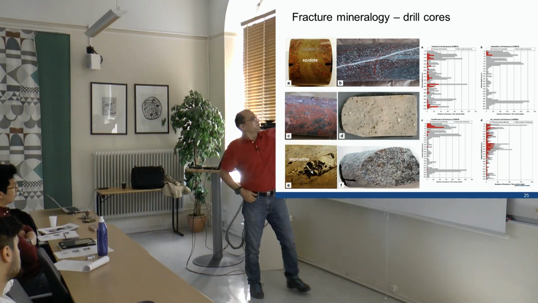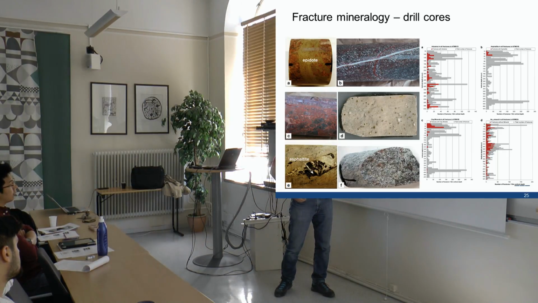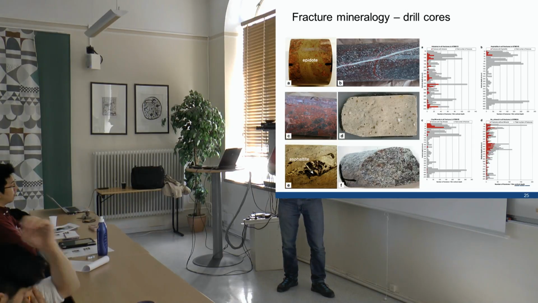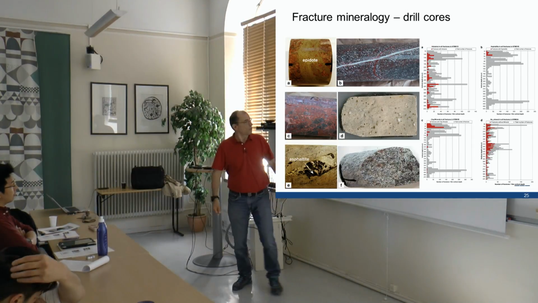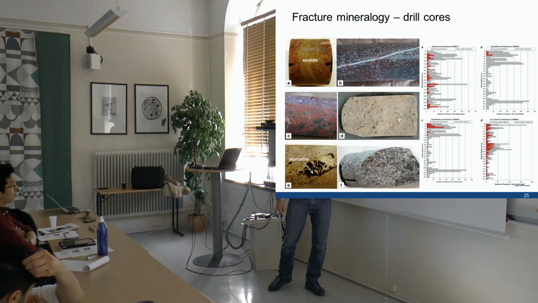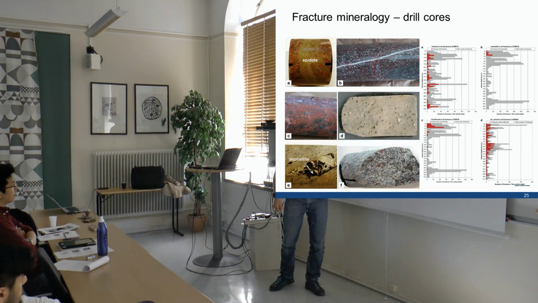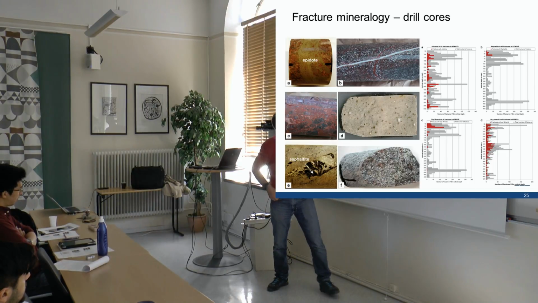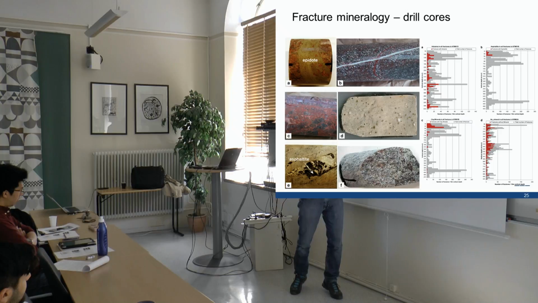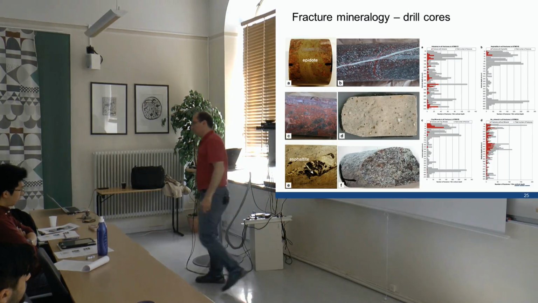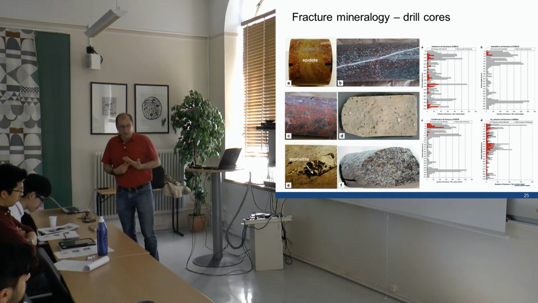For example, here are different fracture minerals plotted: this is the frequency of the mineral, it's clay mineral, and this is the depth along the borehole. So what we see is that we have a lot of clay minerals up here, some here, and not very much overall. For example, this mineral is all over the place.